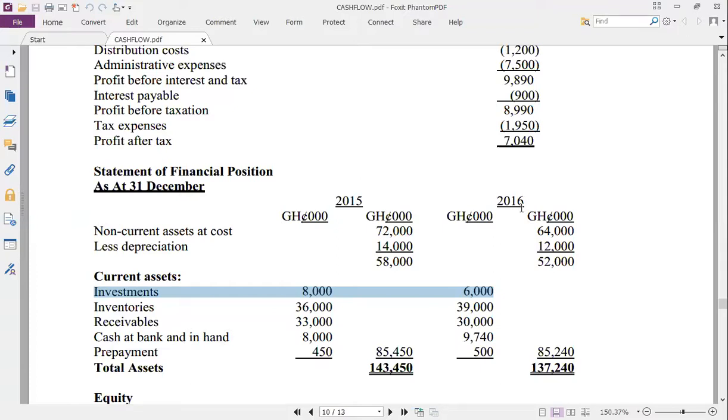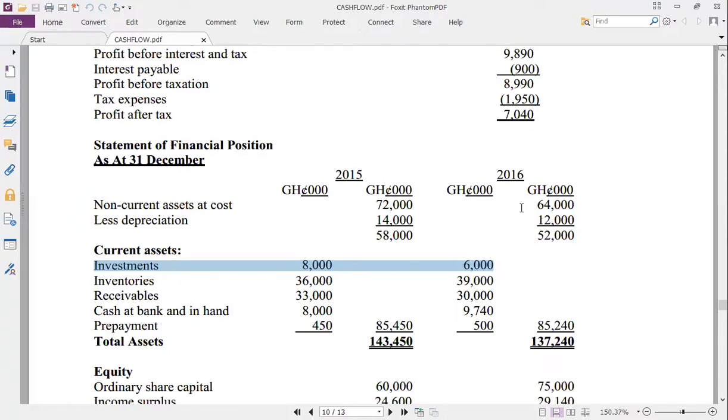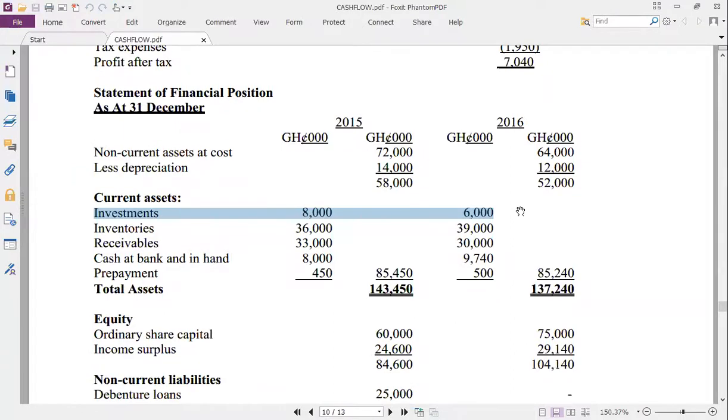Good. And let's continue scanning. Cash at bank and cash in hand. So that's the cash and cash equivalent. At the start is what? 8,000, at the end is 9,740. So don't forget the balance. So what will be the net cash flow for the year?